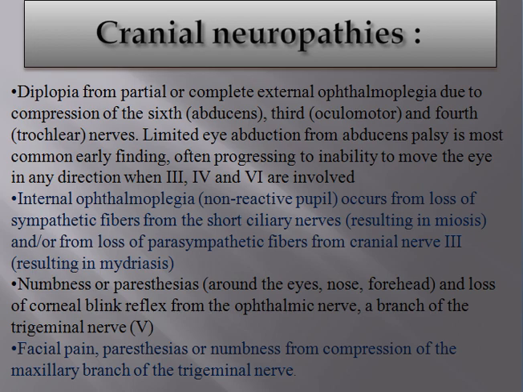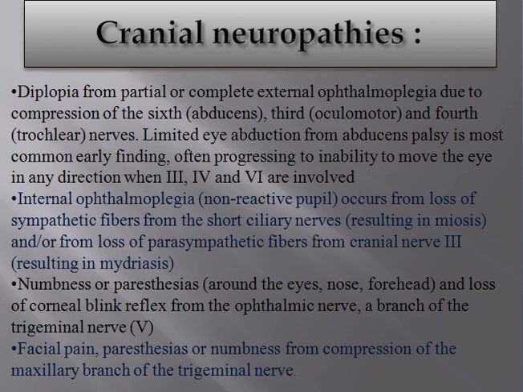Internal ophthalmoplegia, a non-reactive pupil, occurs from loss of the sympathetic fibers from the short ciliary nerves, resulting in miosis, or from loss of parasympathetic fibers from cranial nerve 3, resulting in mydriasis.